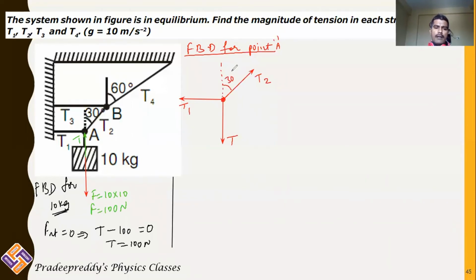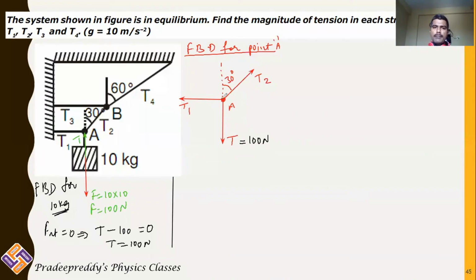Now at point A, we have three forces acting: tension T, T1 and T2. We have already calculated that tension T is equal to 100 Newton, so the downward force is 100 Newton.